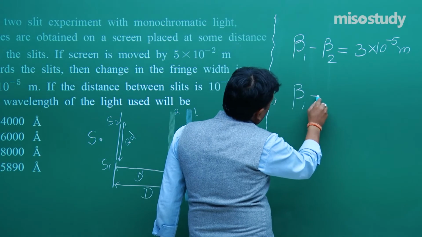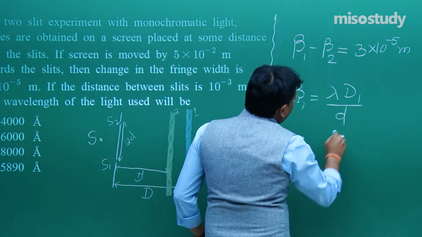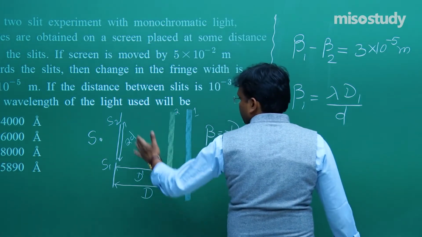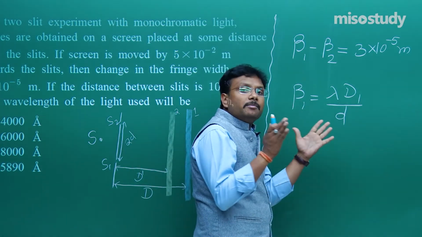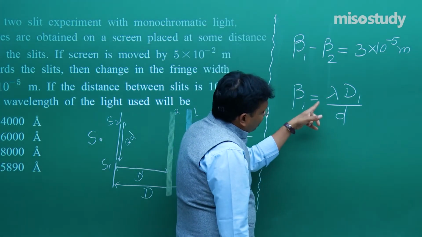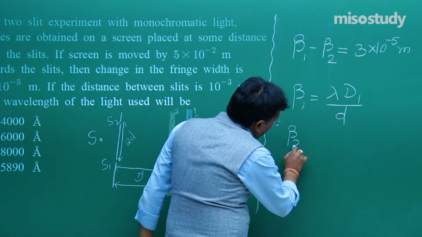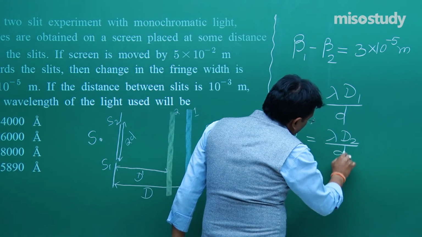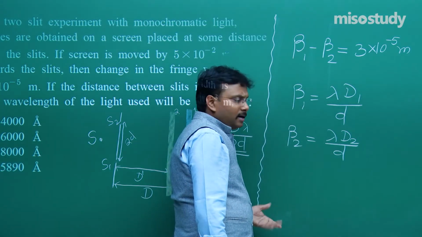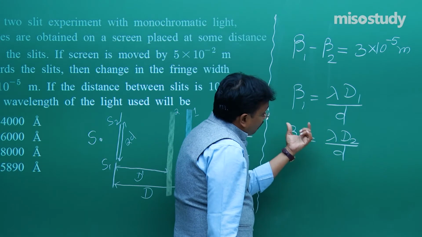Beta 1 is equal to lambda D1 upon d or 2d, because here I mentioned 2d, so I can use 2d or d. That is simply the spacing between two slits. Fine. So beta 1 is equal to lambda D1 upon d, and beta 2 is equal to lambda D2 upon d. Fine. Simple results. But you know the difference in the values.